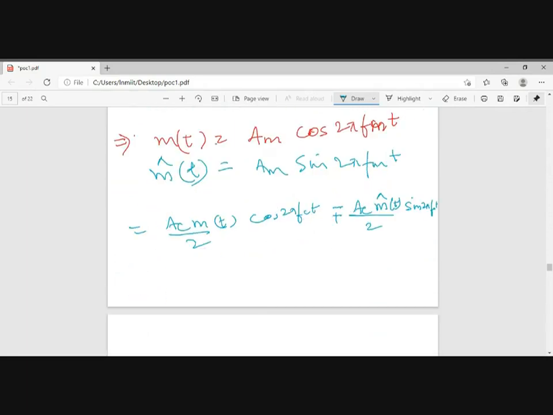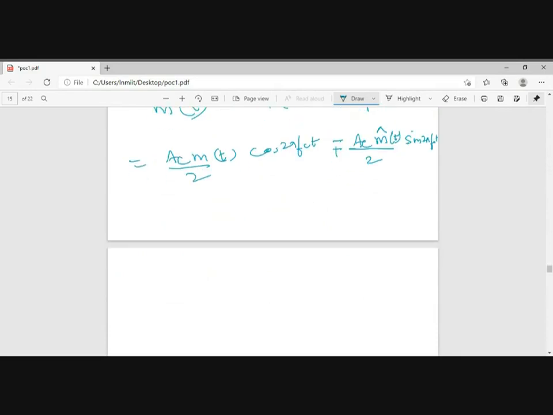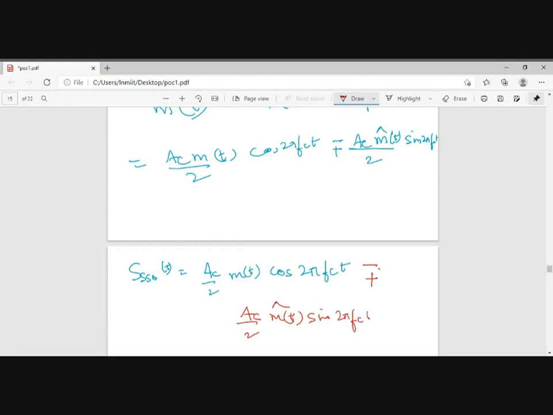Okay, so if an equation is given like this, I can write SSB(t) equals A_c by 2 m(t) cos(2 pi f_c t), and then concentrate on this minus/plus, A_c by 2 m cap(t) sin(2 pi f_c t).